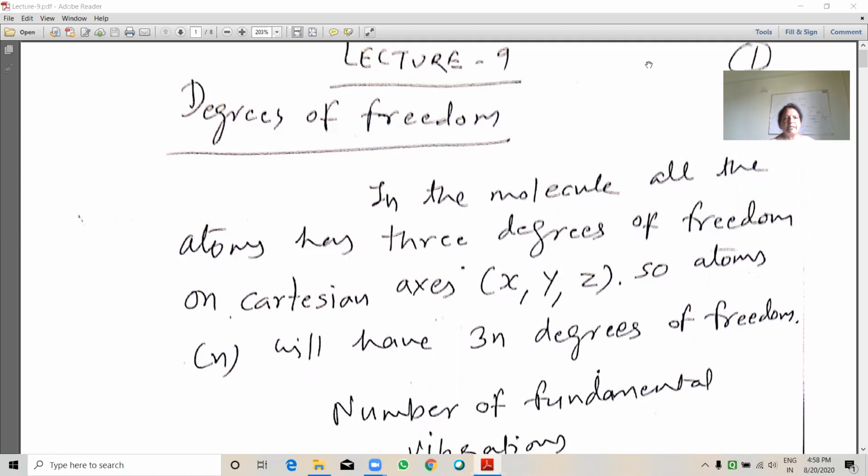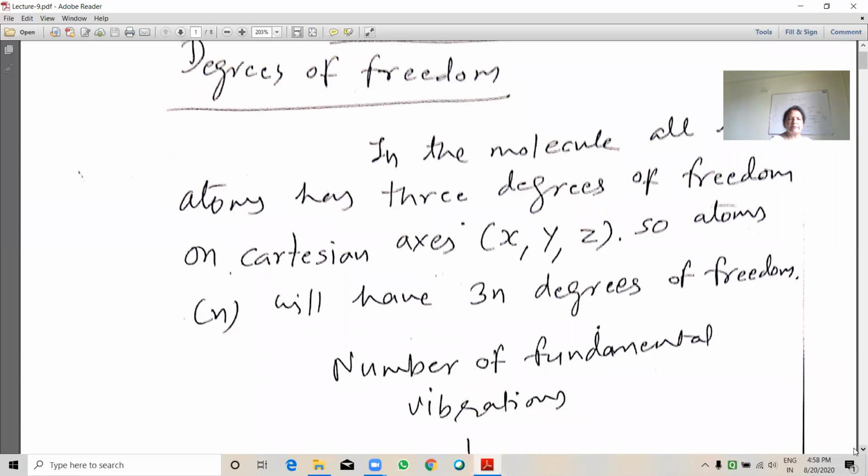Today, lecture 9 is about degrees of freedom, Hooke's law and characterization of IR. Degrees of freedom: in a molecule, all the atoms have 3 degrees of freedom on the Cartesian axes x, y, z.